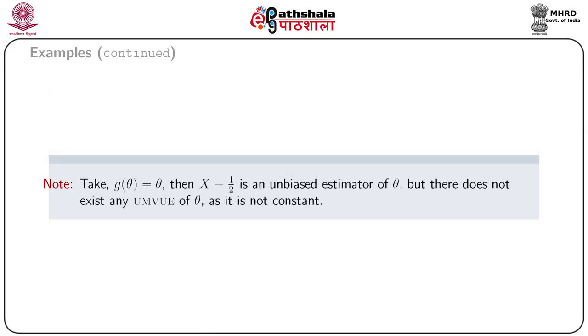For example, if g(theta) = theta, then an unbiased estimator of g(theta) is X - 1/2, but there does not exist any UMVUE of theta.